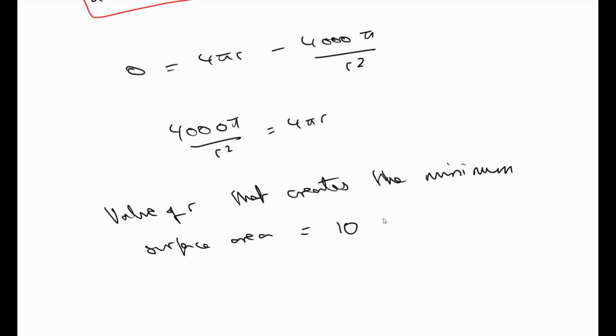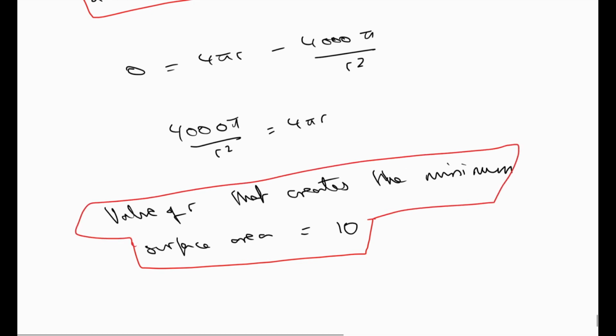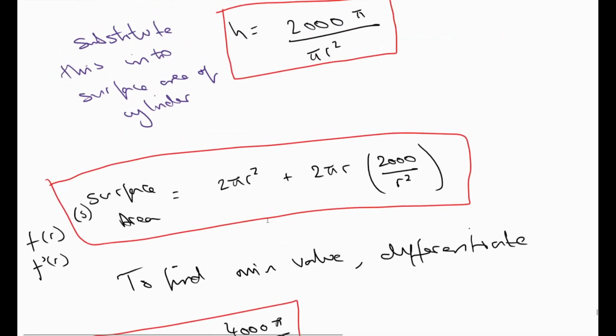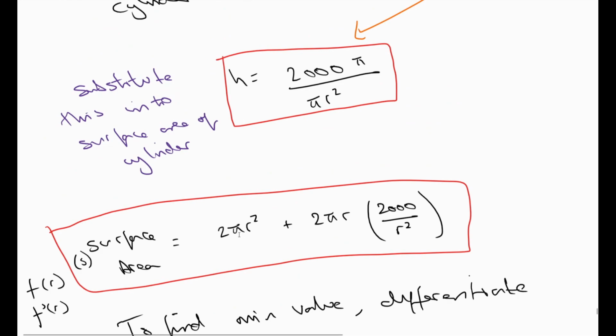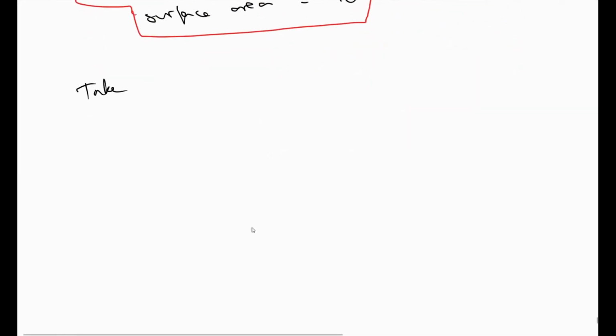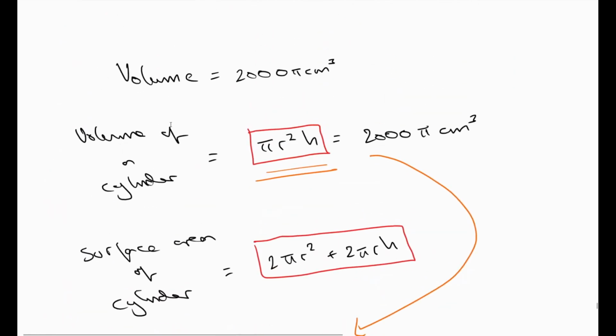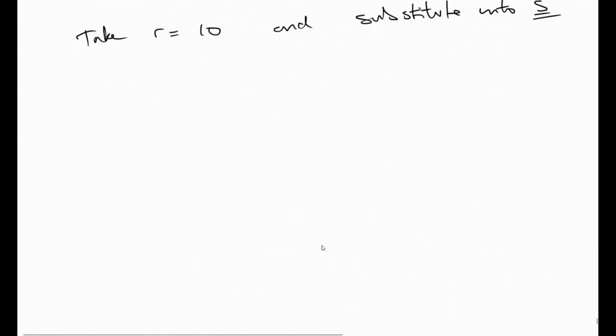Right? And we take this value of r and we plug it back into our expression for surface area to find out what the minimum surface area would therefore be. We found out what the minimum radius is of the cylinder, so what value of surface area will that give us? So we take r equals 10 and we substitute it into S, our expression for the surface area. Not the one with h, the one which we've removed h from.